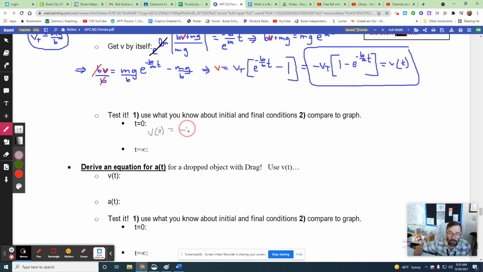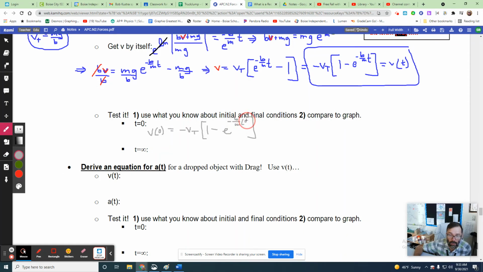So we have negative vt times 1 minus e to the negative b over m t. We're going to put in a 0 here for time. So let's put that in.